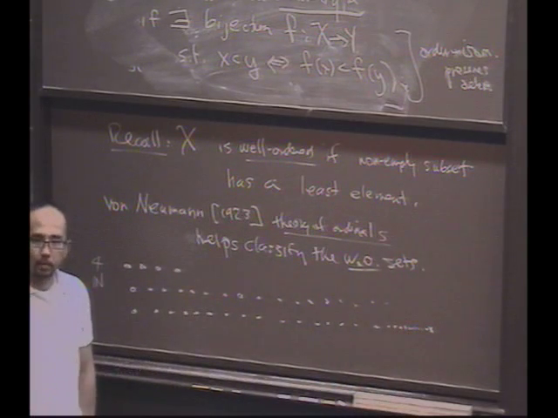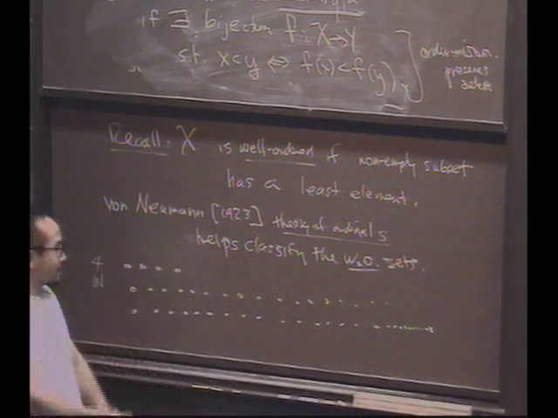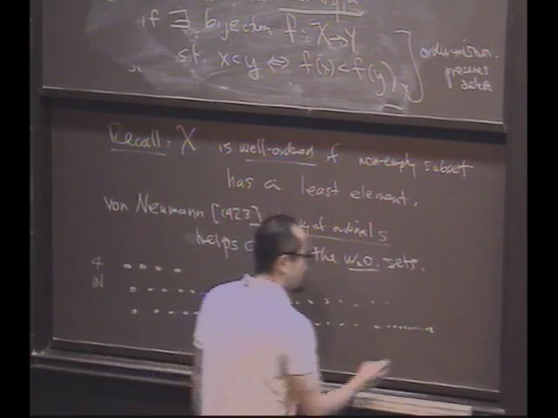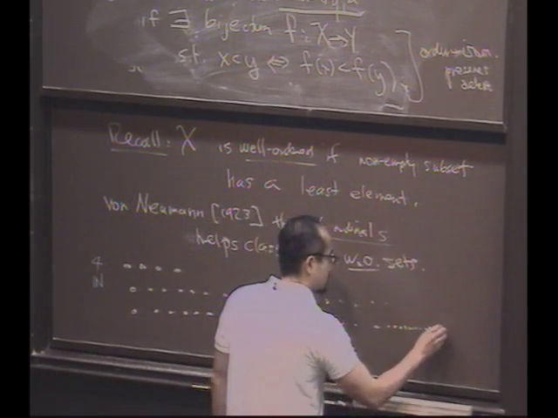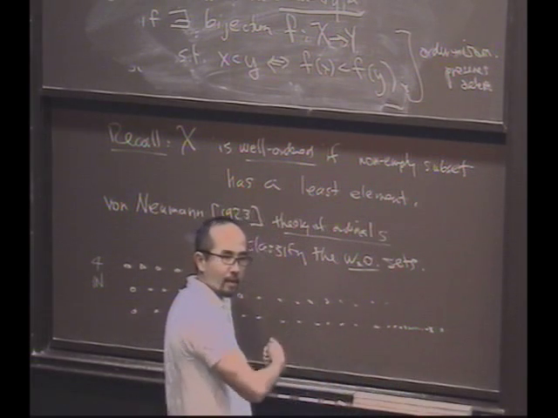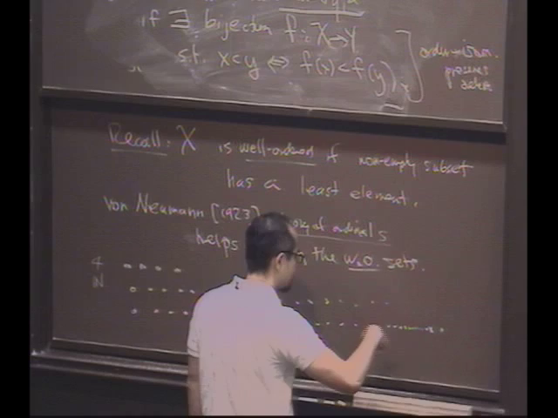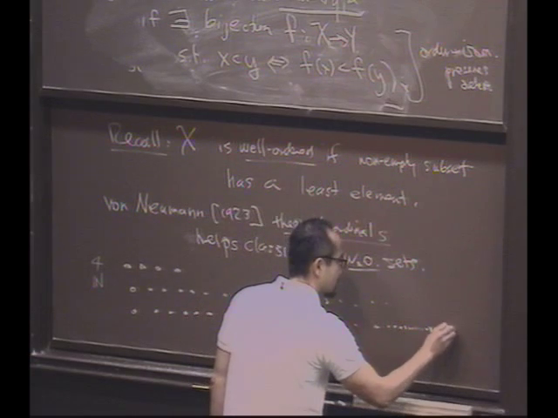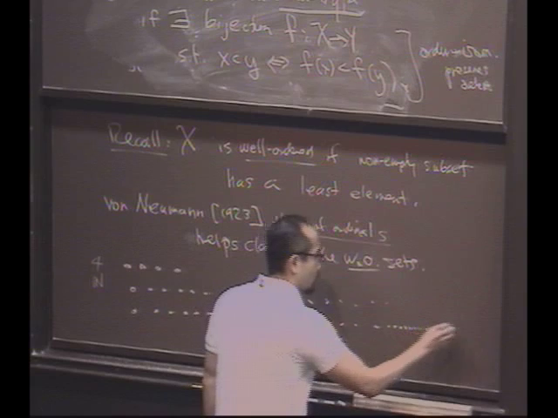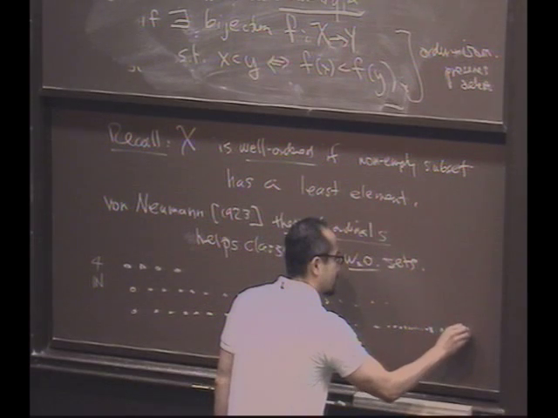Is that a well-ordered set? Yes, it is. Every subset has a least element, yes? What if I decide to put another point here? Is this whole set well-ordered? Yes. In fact, every subset has a least element. What if I do this? Well-ordered? What if I add in a few more points and keep going?